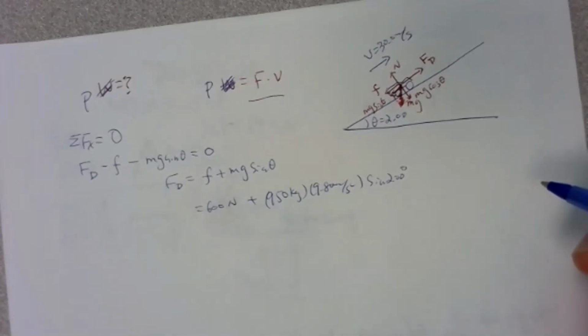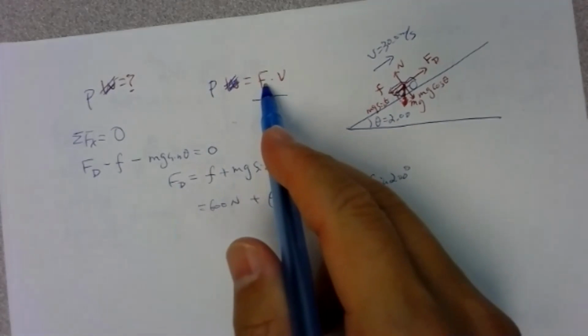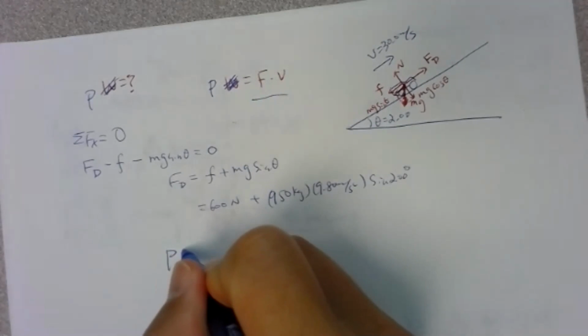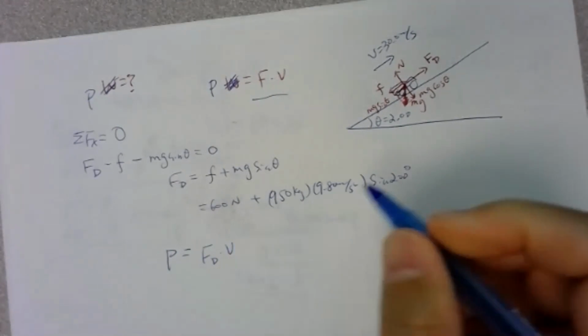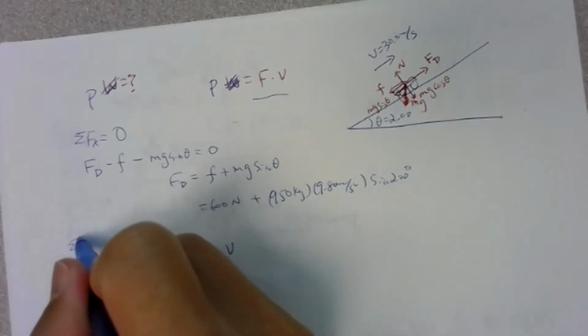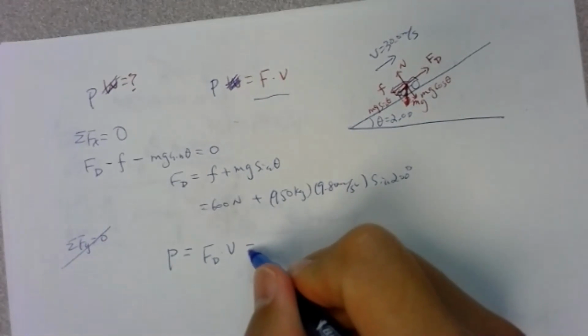Then you can calculate your driving force, and your driving force multiplied by the speed is just the power that you needed. So you don't have to look into the other component, the net force in the y component equal to 0. You're not using that component.